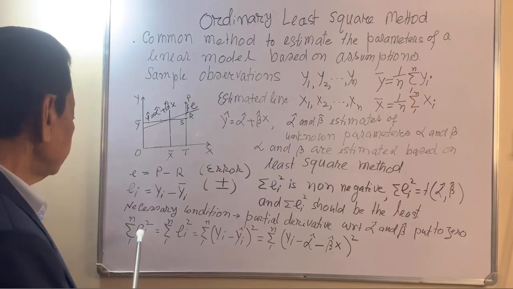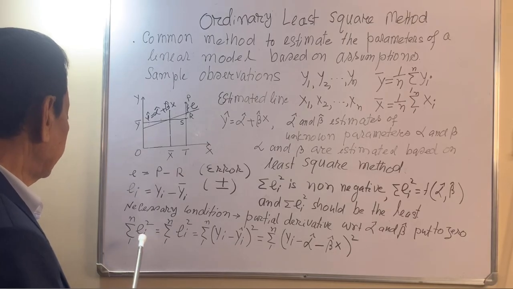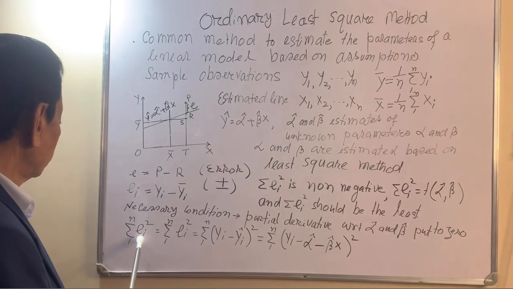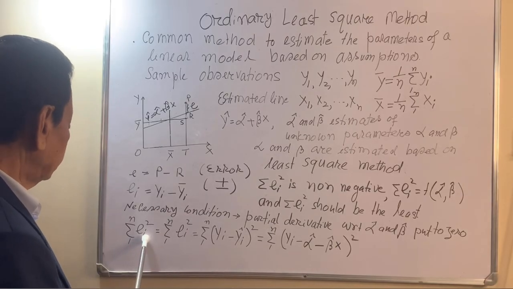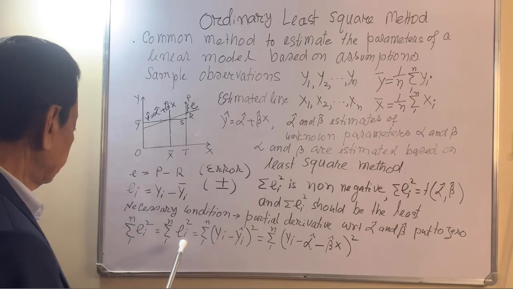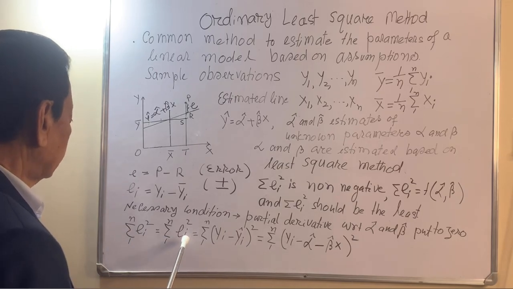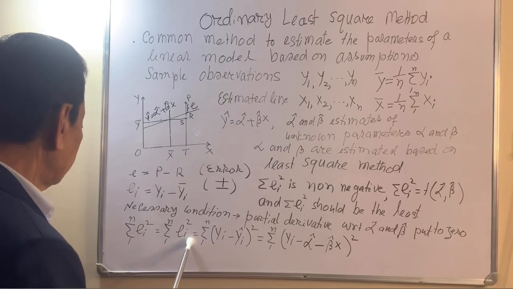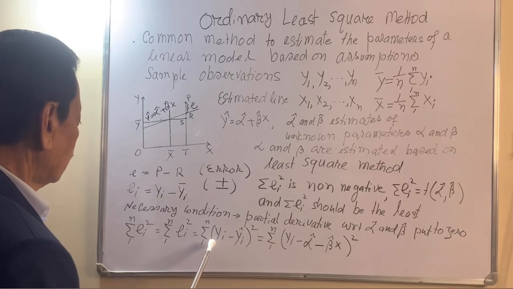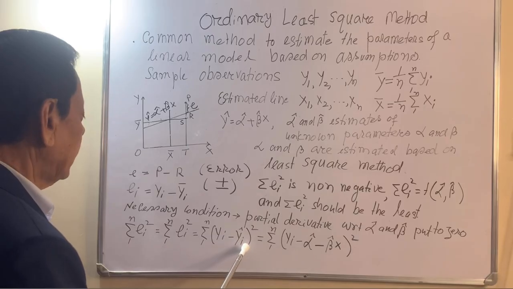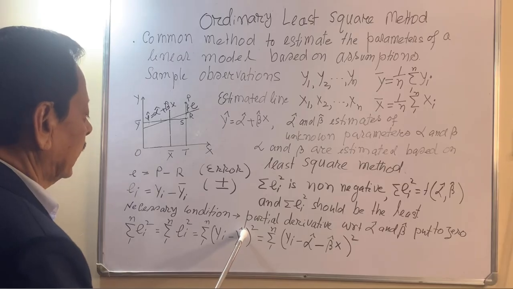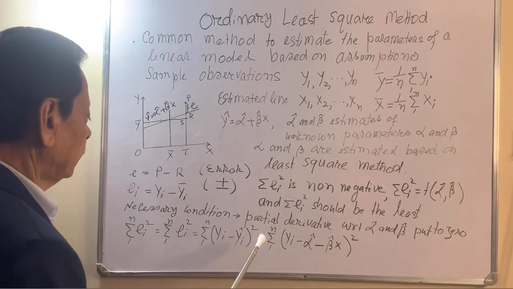So this means summation ei square, that means the sum of the square of the error term for each observation, or n number of observations, is equal to summation ei square, is equal to sum of yi minus estimated yi square.